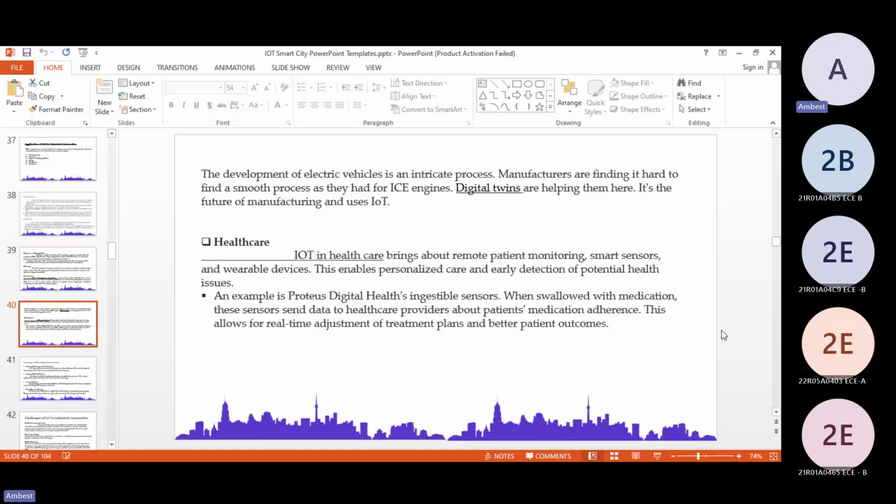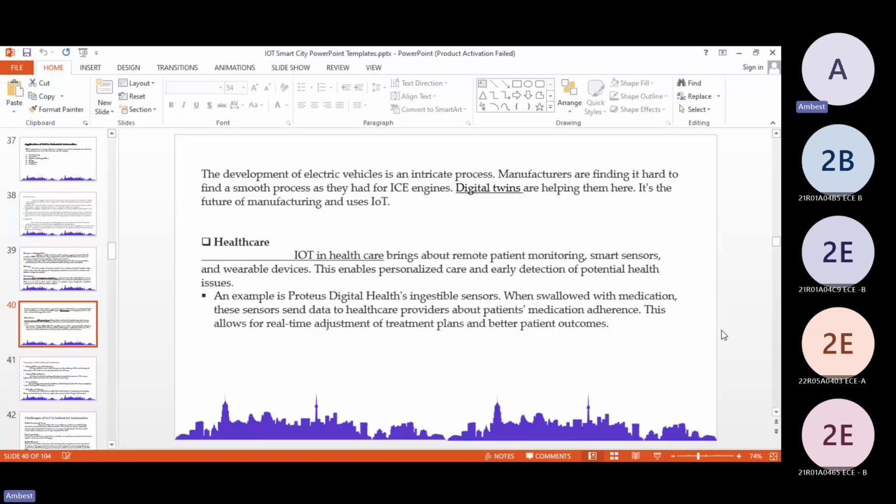They can get the medication they require in an emergency, or any real-time data collection, and with that data they can also do whole body checkups. This is all about real-time adjustment of treatments and better patient outcomes.